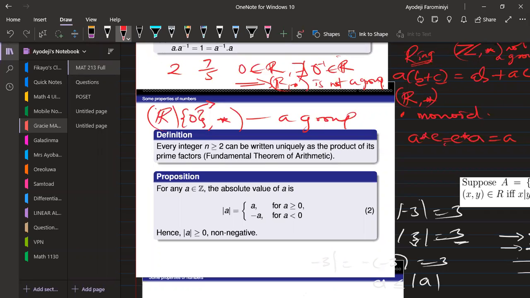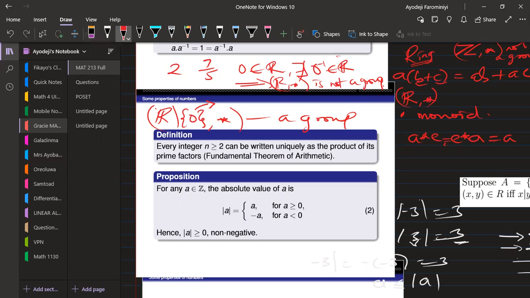Okay, so for the fundamental theorem of arithmetic, it's one of the basic theorems in mathematics. It tells us that every integer greater than 1 can be written uniquely as a product of its prime factors. Uniquely. So no two integers can have the same prime factorization.